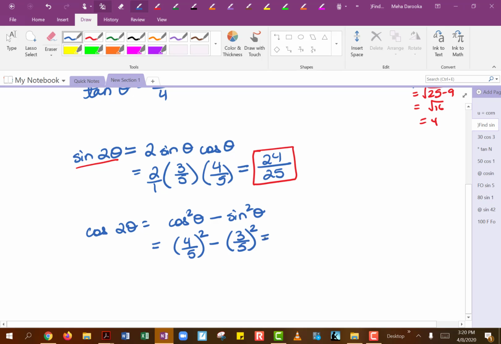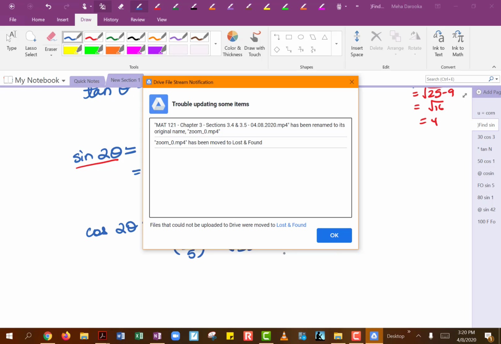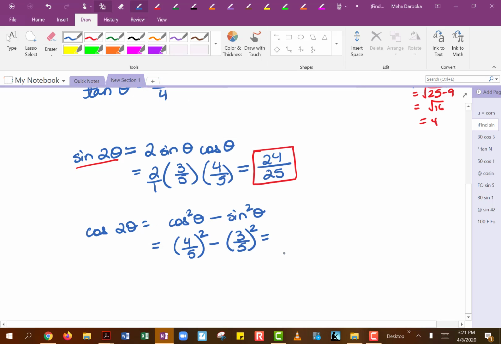So this will give us 16/25 minus 9/25. So same denominator, right? So you just have to do 16 minus 9, which will end up giving you 7/25. So that's going to be the value for our cosine 2 theta right there.